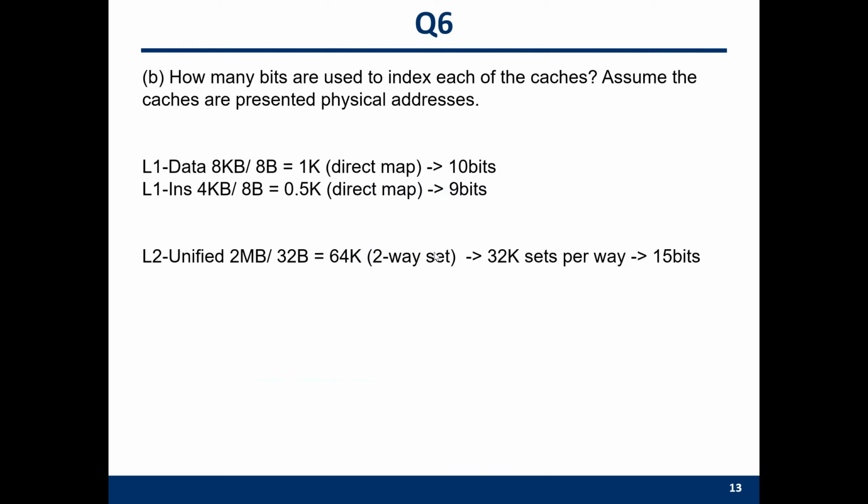And you can compute the index by using the total capacity divided by the block size. Then you have 64K blocks. And these 64K blocks will be separated into 2 ways, each way has 32K. So in order to index this 32K, you need 15 bits.